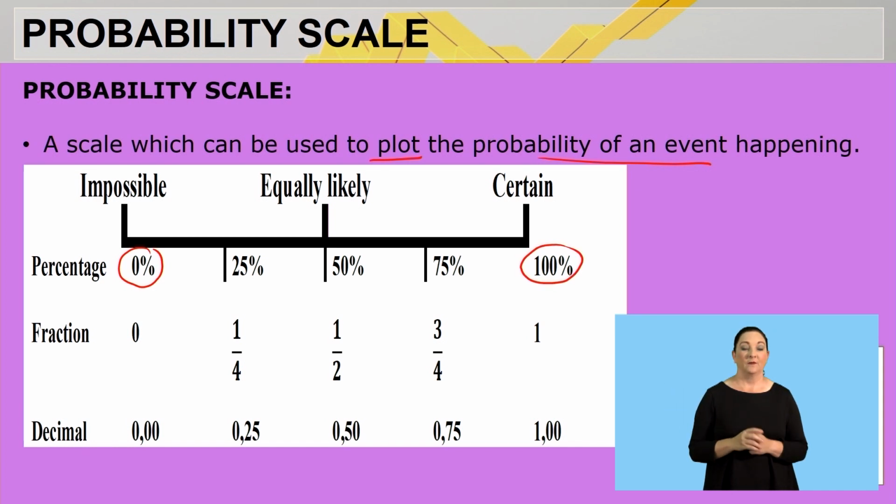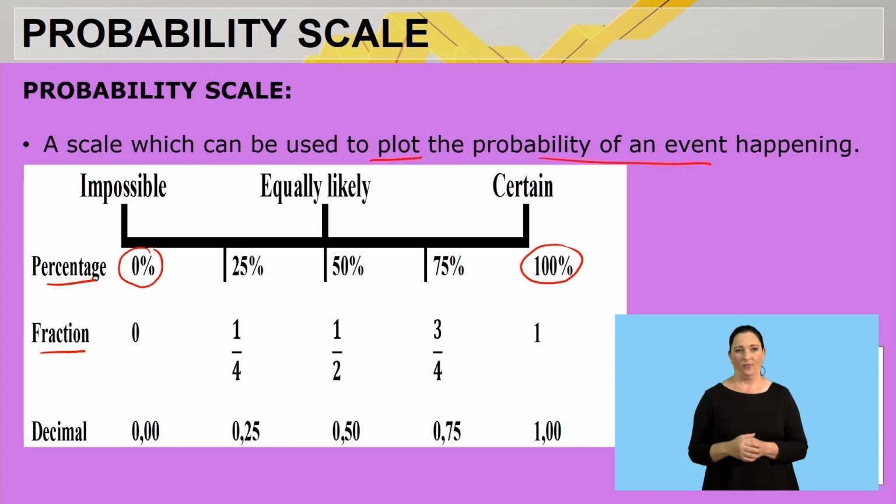Now, if you look back at what I said earlier on, we said probability can be expressed as a percentage. And here you can see all your percentages: 0, 25%, 50%, 75%, and 100%. It can also be expressed as a fraction, and there we have our common fractions, starting at 0, 1/4, which is a quarter, a half, 3/4, and then obviously 1.